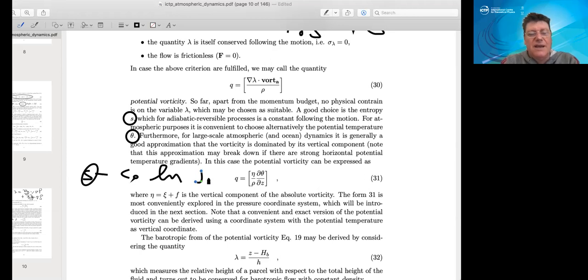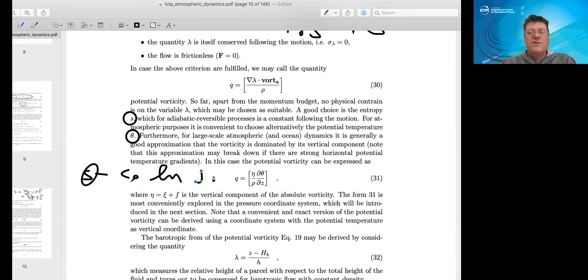So there's a nonlinear transformation between the two, because entropy is a complex function, but potential temperature has the dimension of temperature, as you know. But in principle, if one quantity is conserved, the other quantity is also conserved, because it's just a nonlinear function.